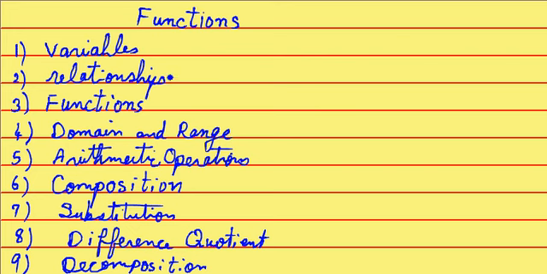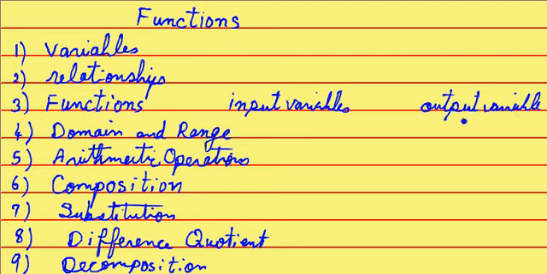Functions are special types of relationships. Functions are utilized in a situation where you have a set of variables. We might refer to them as input variables. And then you have another set of variables, perhaps the output variables. Typically in this course you just have one single variable as the output, but it's possible that there will be quite a few of them.